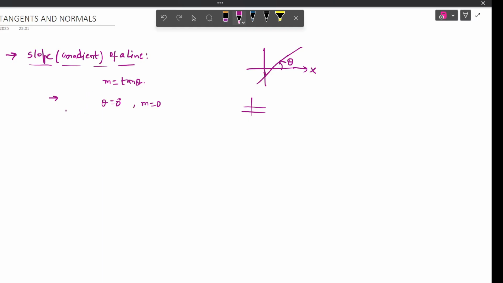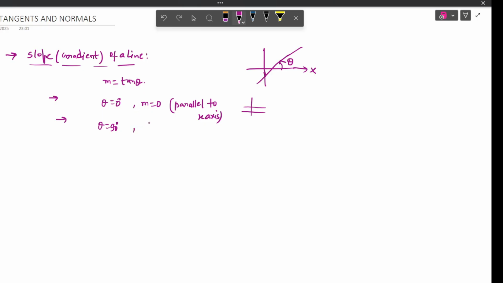Okay. Now if a line, this is parallel to x-axis. Now if that line makes 90 degree with the positive direction of x-axis, then it would be perpendicular, right?